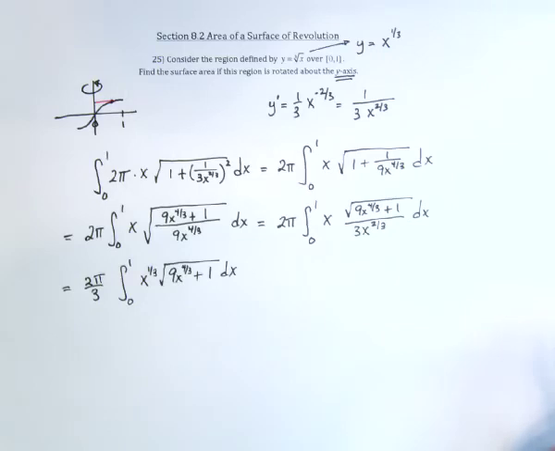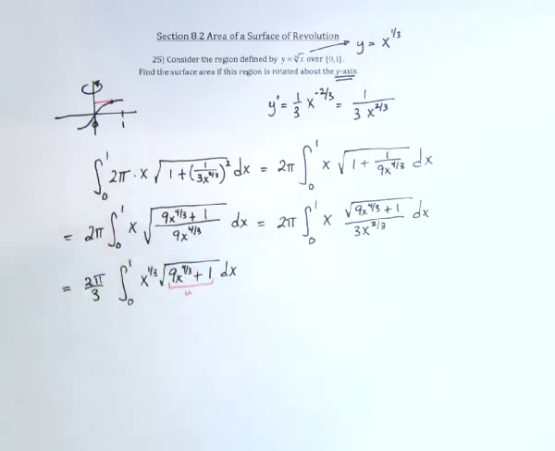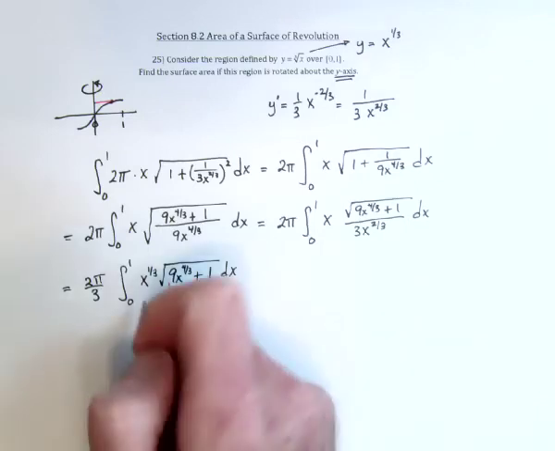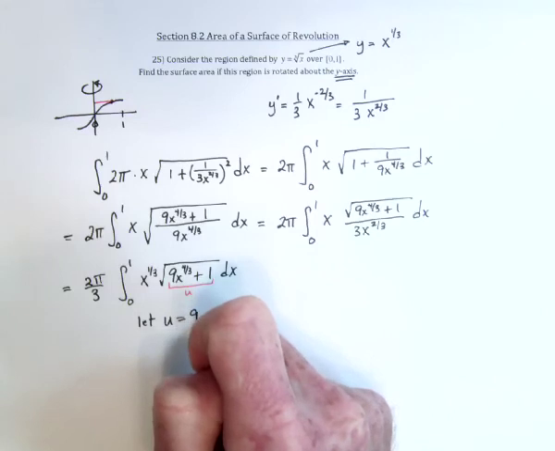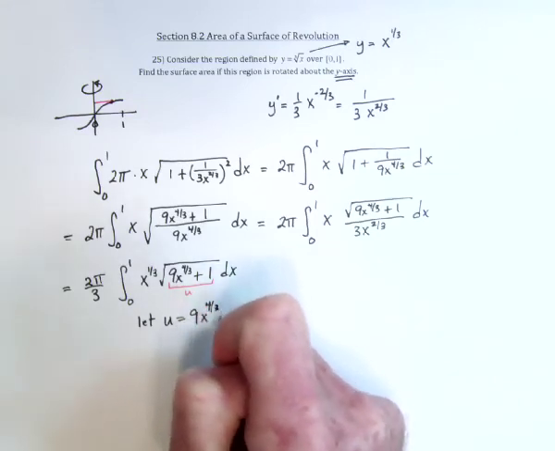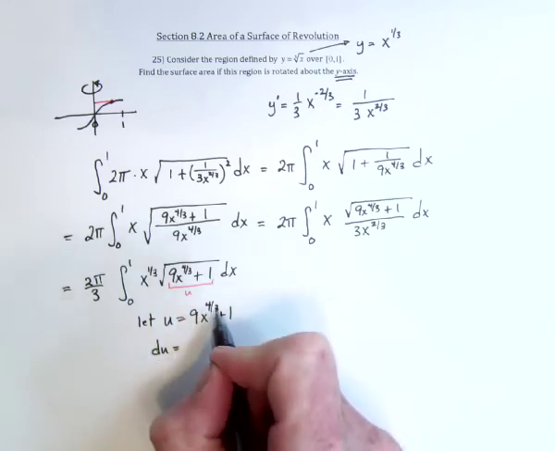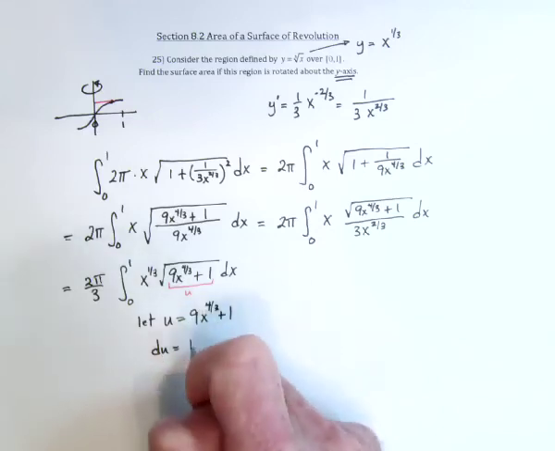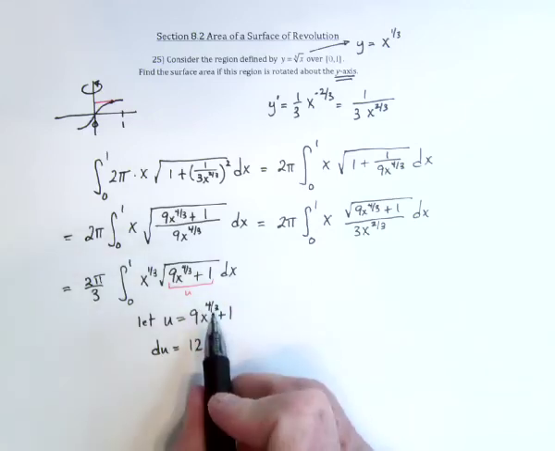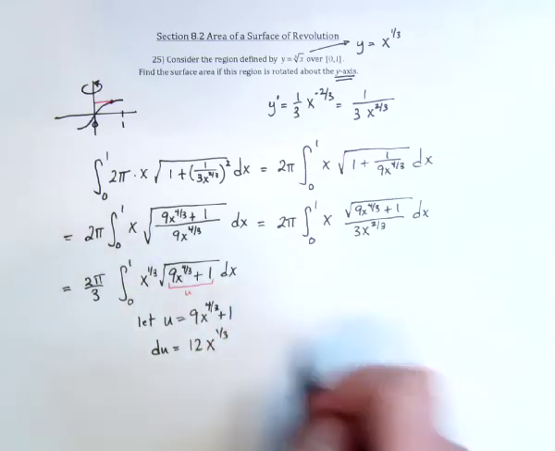Next, it's ready for u substitution. So this part right here is going to be the u. So let u equal 9x to the 4/3 plus 1. Take the derivative of that, and we would get, well, let's see, the 3 would reduce, so this becomes a 3 times 4 is 12, x to the, now subtract 1, and lo and behold, it becomes x to the 1/3.